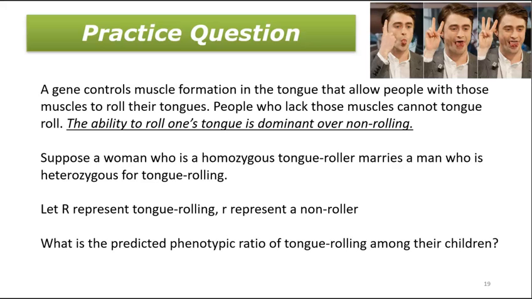So let's try to do this practice problem. Mom is homozygous dominant for a tongue roller, and we know that the letter representing tongue rolling is R. So we're going to make a Punnett square.